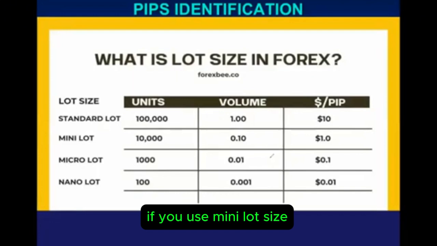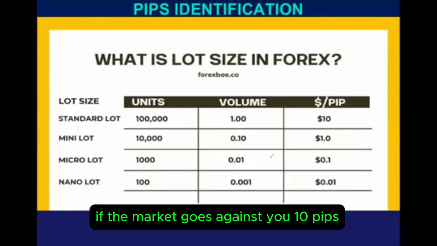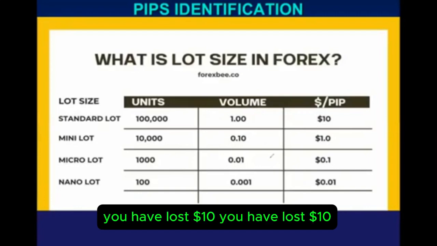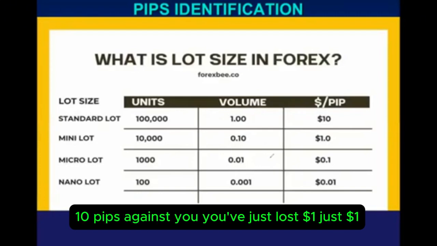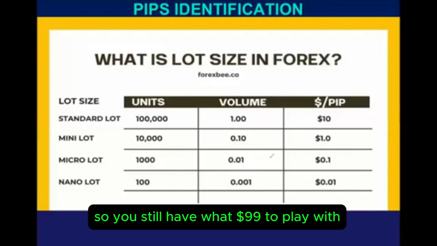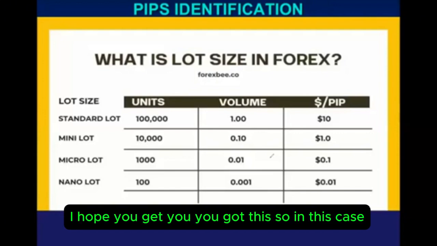If you use mini lot size, if the market goes against you 10 pips, you have lost $10. We remain $90. But if you use 0.01, 10 pips against you, you've just lost $1. Just $1. So you still have $99 to play with.